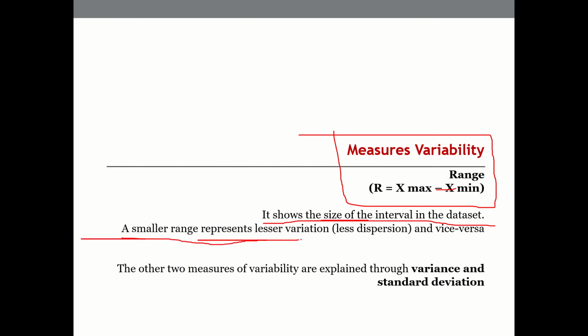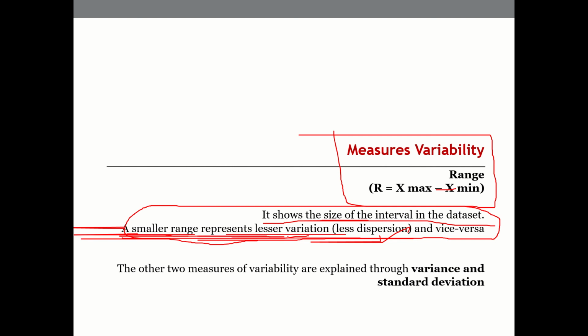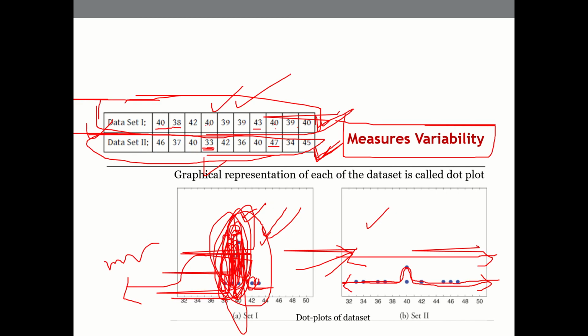A smaller range represents lesser variation, and if the variations are more, we can see that dispersion is happening here. In these two data sets, in which data set is the variation more? Data set 1 or data set 2?